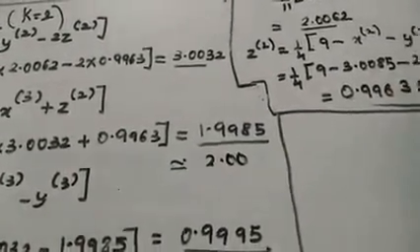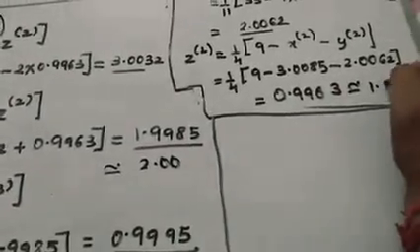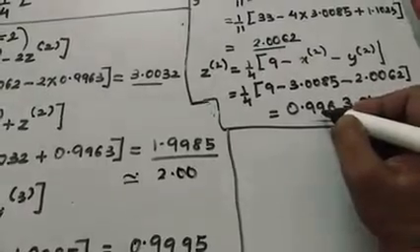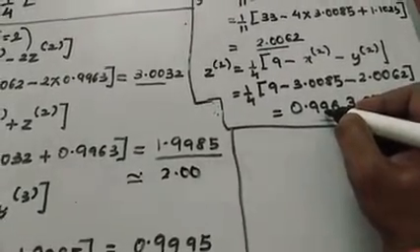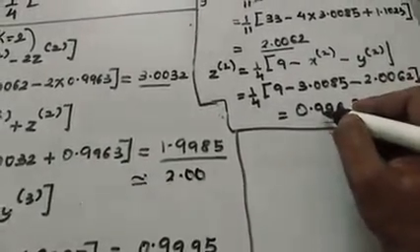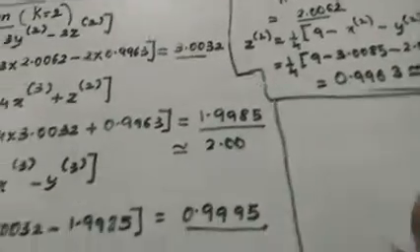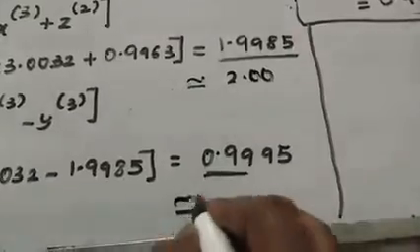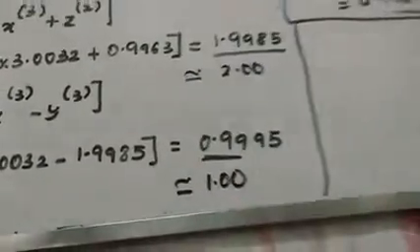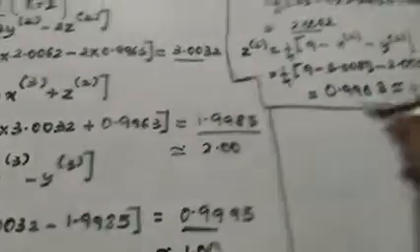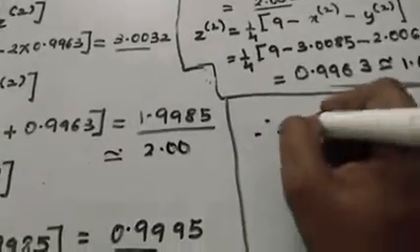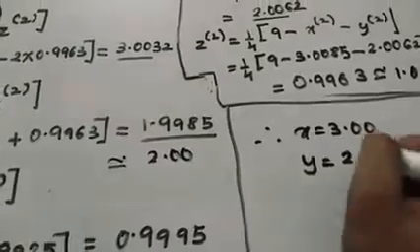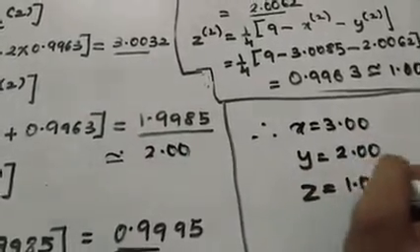If you approximate this, you will get 1.00, because this is 6, adding 1, 9 plus 1 is 10, so 1.00. Similarly here, in 3 significant figures it will become 1.00. So these two values are also the same. So finally you will write, therefore x equals 3.00, y equals 2.00 and z equals 1.00.